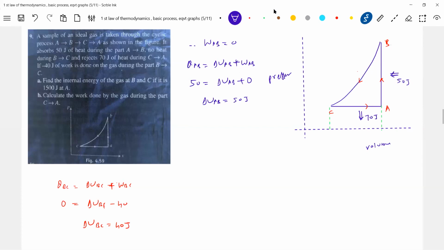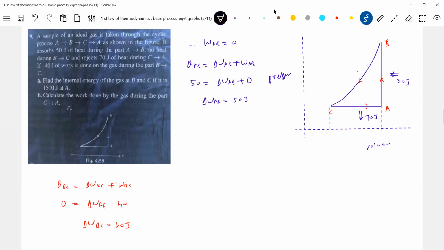CA should be absorbed here. Okay, anyway, we'll see what we can work out here. Delta UAB, I got 50 joules. UBC, I got 40 joules, no? Find the internal energy of the gas at B and C if it is 1500 joules at A.